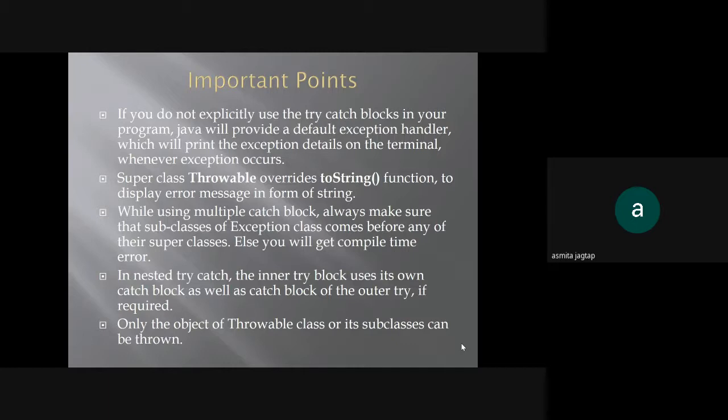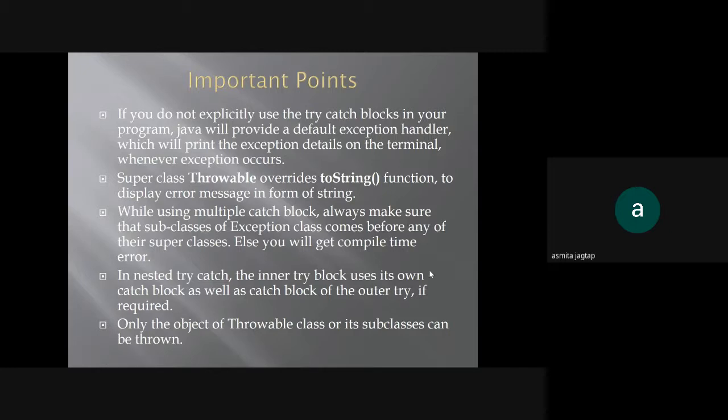If an exception occurs in the try block, the exception is passed to the first catch block. Okay, what happens during multiple catch blocks? If an exception occurs inside the try, it first goes to the first catch block.